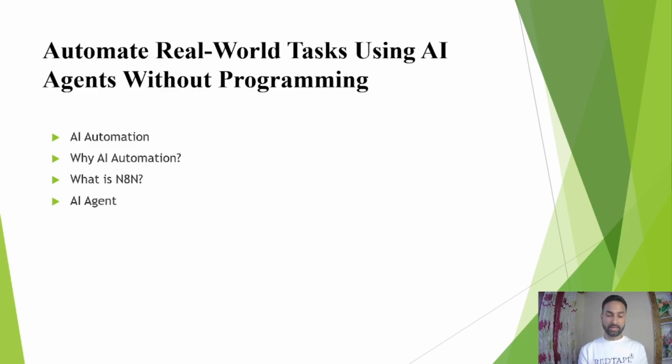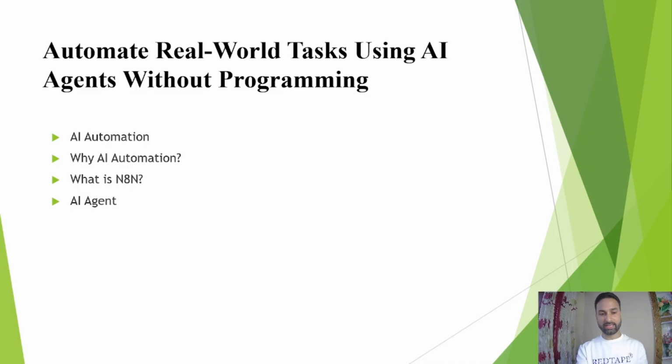Finally, I would like to introduce you to the most important terminology, that is AI agent. An AI agent is just like a smart assistant that basically understands what is happening based upon the data or the input that you supply. Or you can think of an AI agent like a smart person who thinks about what to do next based on his own logic, his rules, or his learning process.